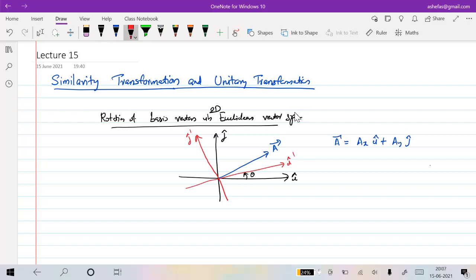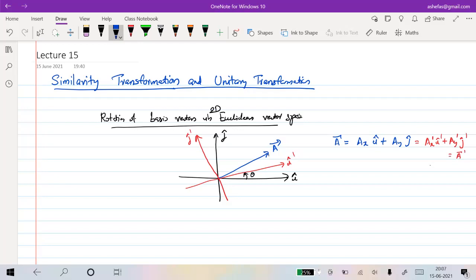How will you write the same vector? The same vector can be written as Ax prime i prime plus Ay prime j prime, isn't it? And it can be written as vector A prime. So actually vector A and vector A prime are the same.